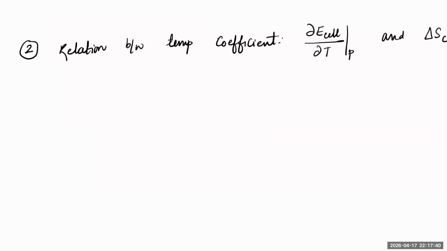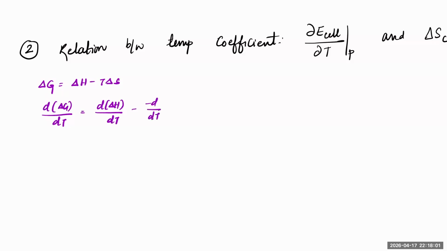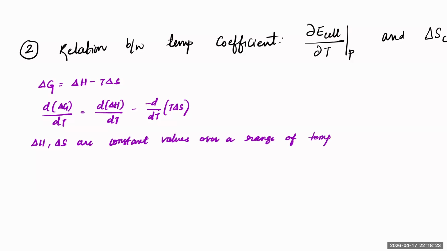And for that, what I can derive is that delta G is equal to delta H minus T delta S. So if there is any small change in the delta G value with respect to temperature, it should reflect in the entropy change, in the d by dT of T into delta S. What we assume is that delta H and delta S are constant values over a range of temperatures.